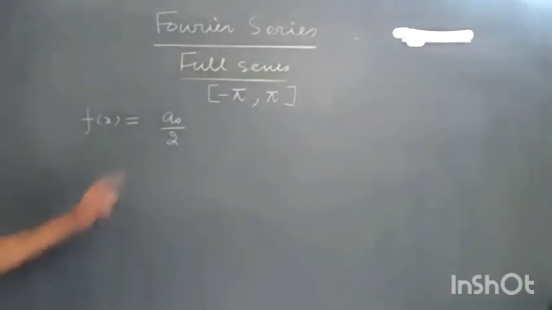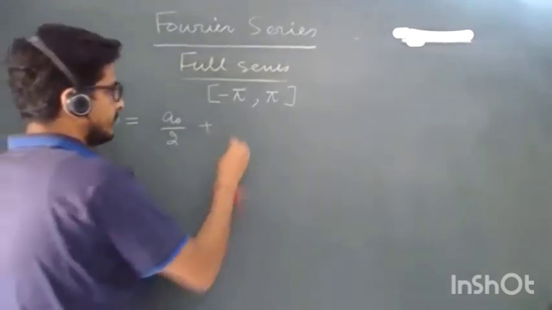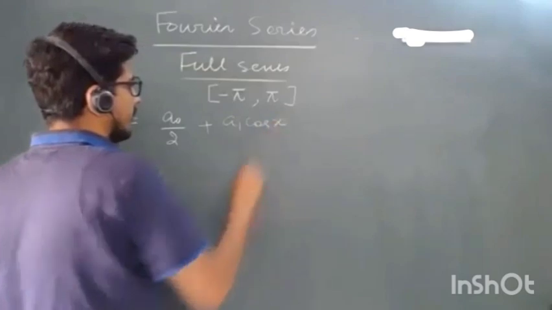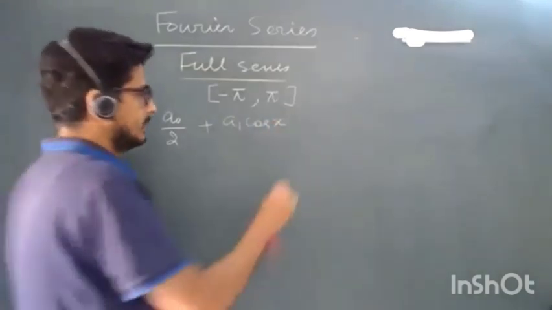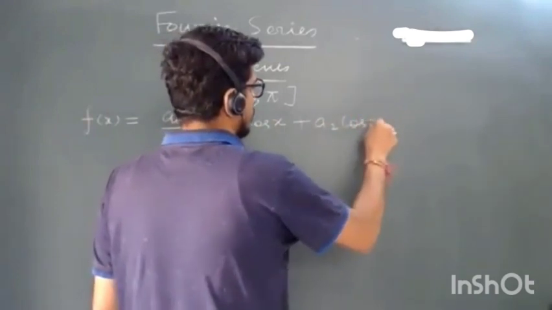This will be the first term, plus a1 cos x plus a2 cos 2x.